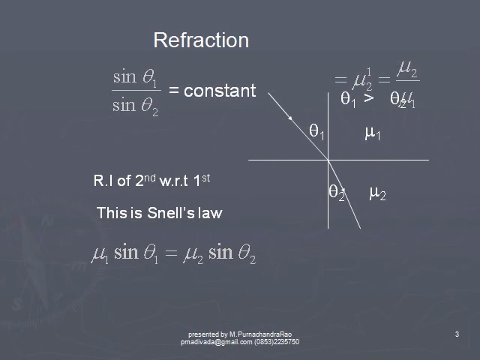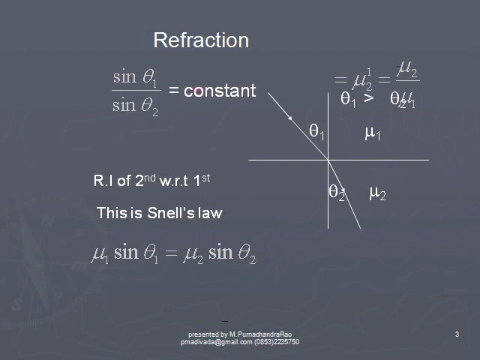From this we define this constant as the refractive index, and it is indicated with mu 12. Mu 12 is the refractive index of the second medium with respect to the first medium.